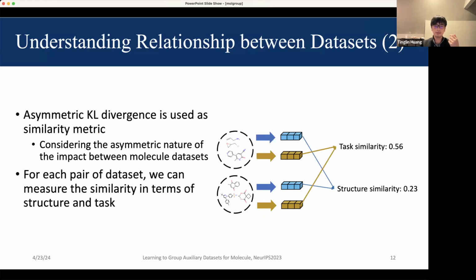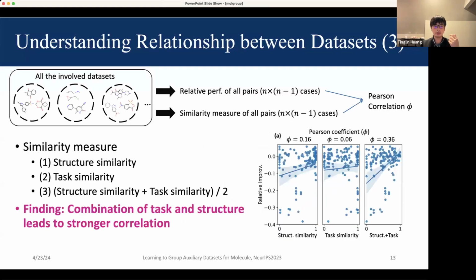So building on top of this, we can try to answer that question. Here we measure the Pearson correlation between the relative improvement of all pairs and the similarity measurement of all pairs. A higher correlation means that similar structure or task can have a greater performance.